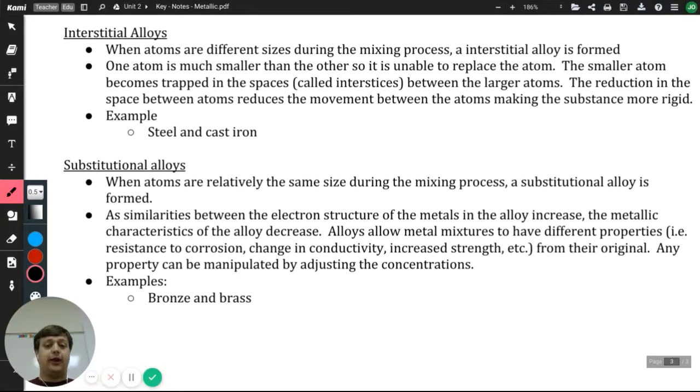Substitutional alloys, on the other hand, again, we're looking at mixing a metal with something else. And in this case, we're going to mix in another metal. And what happens is that metal is about the same size, and so that metal will take and replace one of the other metals. Now, when that happens, we start to get some of the different properties of that. So, for example, some things don't corrode as easily as things like copper, right?